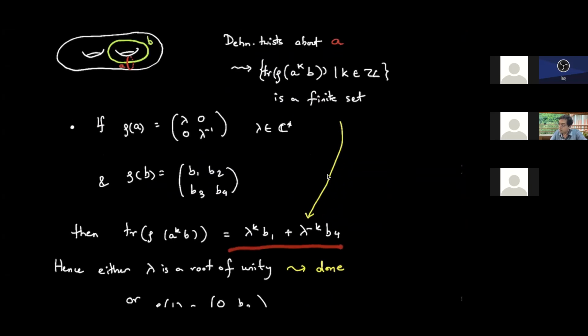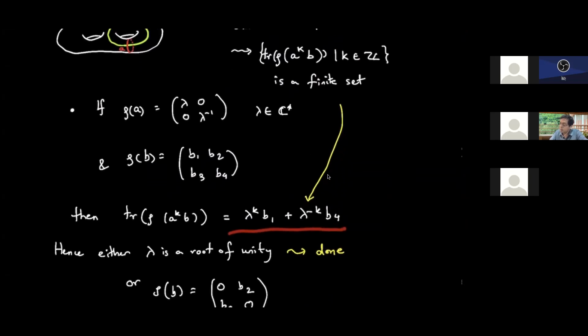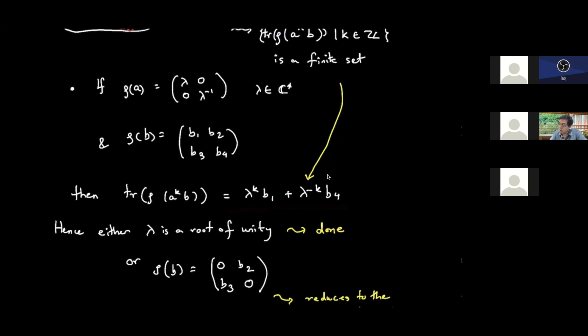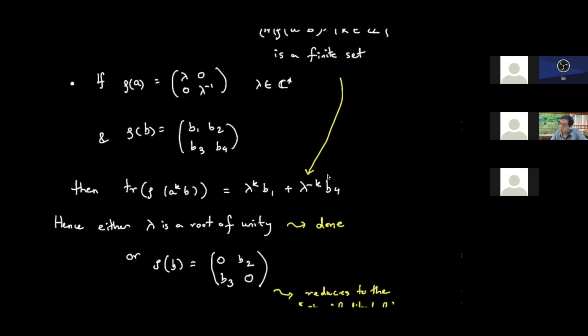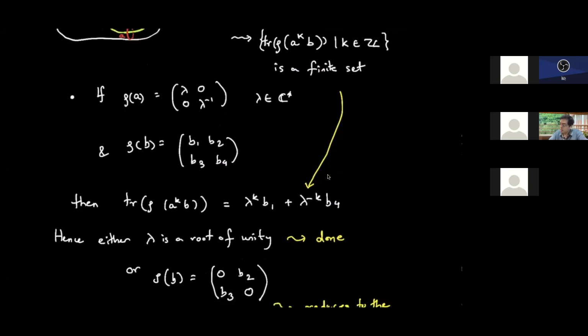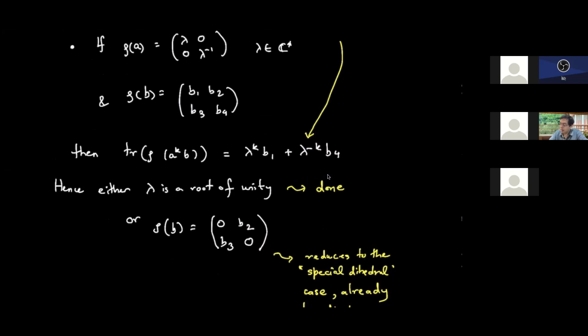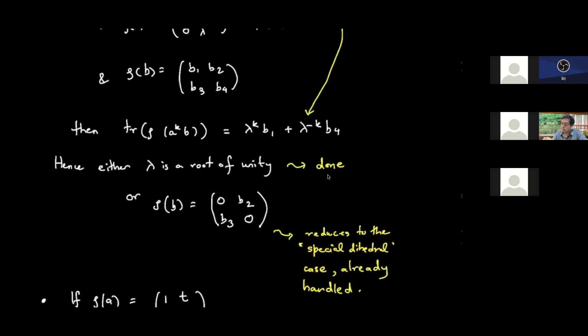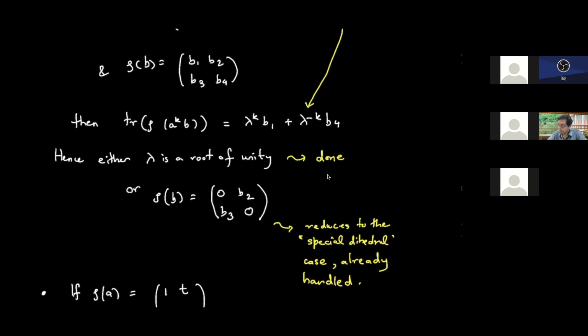If this has to be a finite set as k varies amongst integers, then either your lambda is a root of unity, in which case that's what you wanted because you wanted rho of A to have finite order, or rho of B looks like some kind of off-diagonal matrix. But this is true for any B which intersects A once, and it turns out that in this latter case, you can reduce to this special dihedral case, which is handled differently, along the lines of the example that I pointed out.